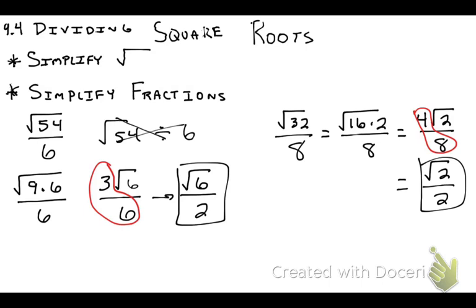Let's try a different one, but similar to this. I'll do another page. Let's try the square root of 75 over 15. The square root of 75 over 15. Hit pause and give it a shot. Let's see how you did. 75 is 25 times 3.